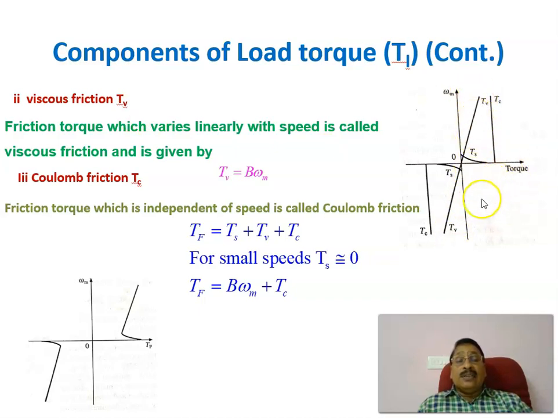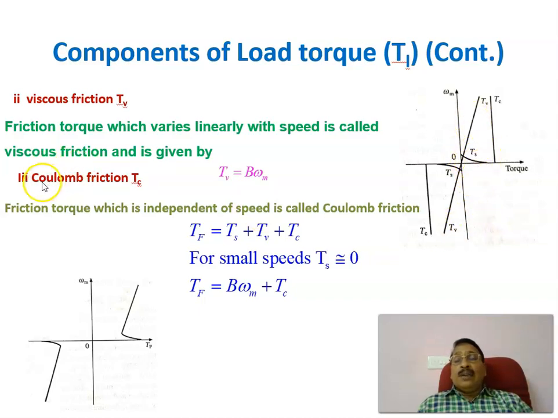Viscous friction is the friction torque which varies linearly with the speed, given by TV equal to a constant B into omega m. That is, viscous friction is linearly related to the speed of the motor. Therefore, TS is this one, TV is this one.